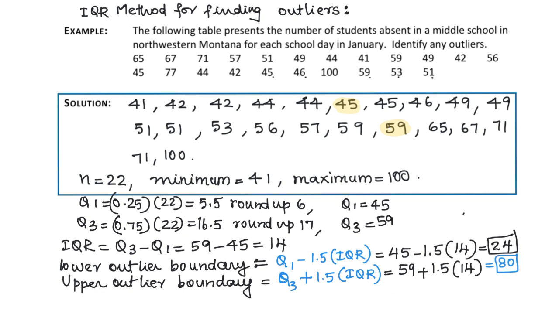Any data value below 24 will be an outlier and any data value greater than 80 will also be an outlier. So, is there any data value less than 24? There is no data value less than 24. Is there any value greater than 80? There is one, right? Yes, 100. So, 100 is an outlier.